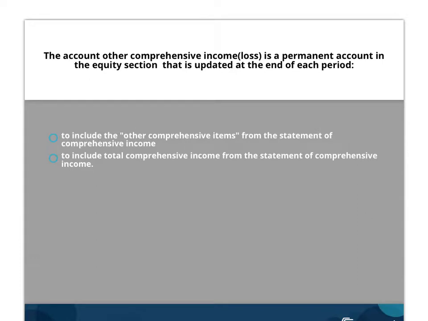All right, I'm going to change something on this slide because I don't like the way it's worded. Let's call it the account accumulated. It's missing a word. Accumulated other comprehensive income. Okay, so AOCI is the balance sheet account. Lots of acronyms, I know.